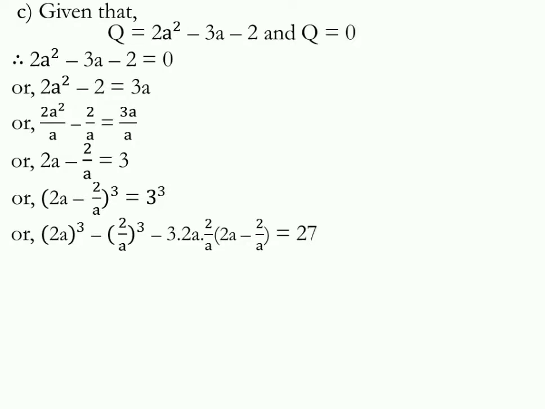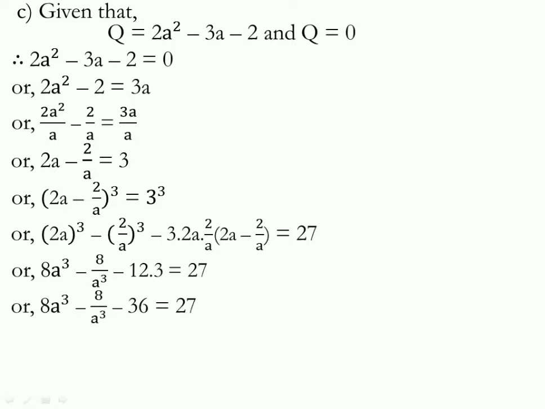The first term of this expression becomes 8a cube, then minus 8 by a cube, minus this all 3 into 2 into 2 becomes 12, and the value of 2a minus 2 by a is 3, given in this position, so we put in the value again, so 12 into 3 equals 36. So now it becomes 8a cube minus 8 by a cube minus 36 equals 27.